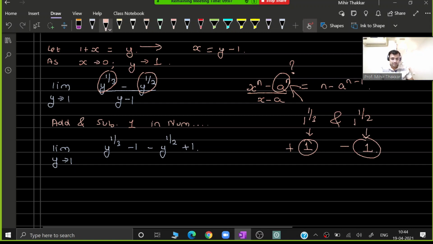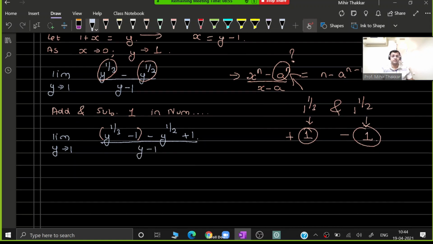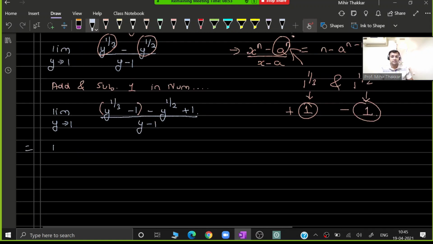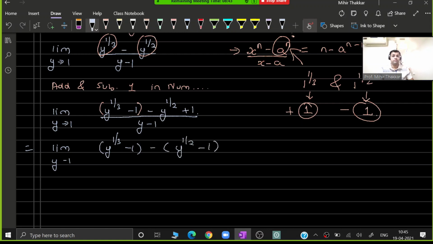So friends, this is ready-made, adjusted as per our choice. For the remaining two terms, I have to take minus common, and the denominator is y minus 1, which is there as it is. If I take the minus sign common, you will get it like this. Just see: y raised to 1 by 3 minus 1 minus y raised to 1 by 2 minus 1.